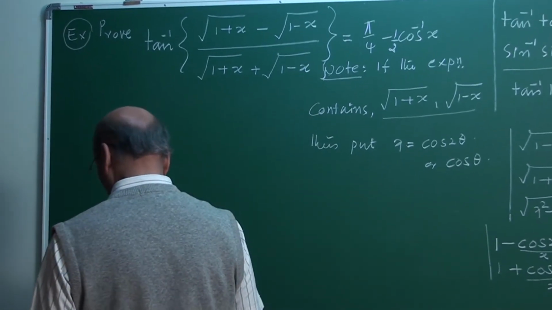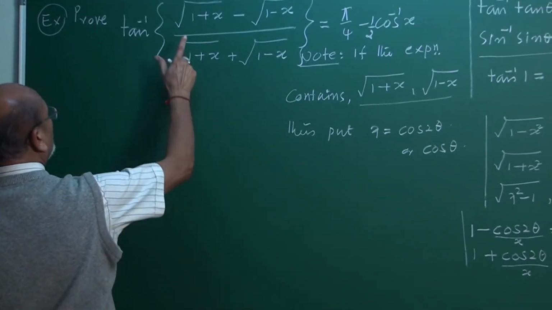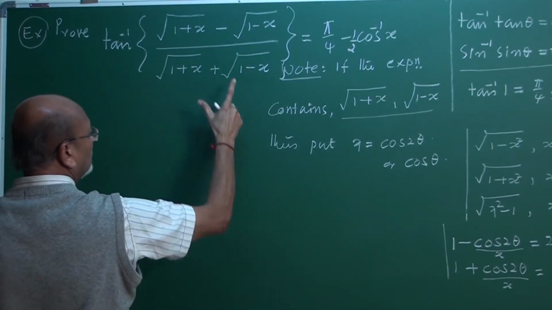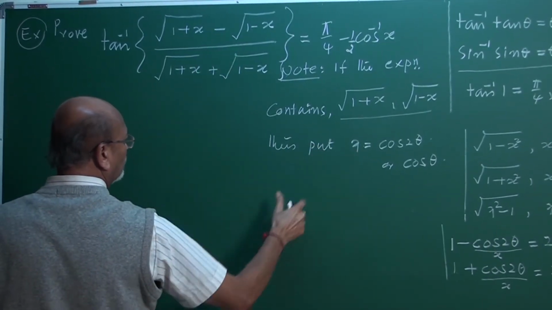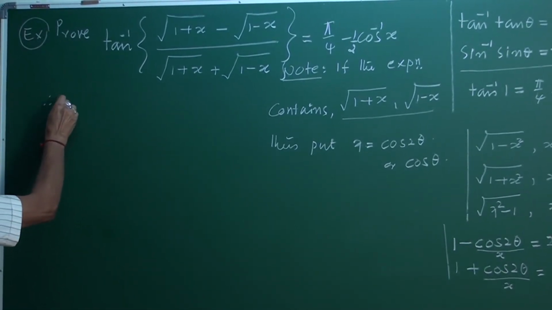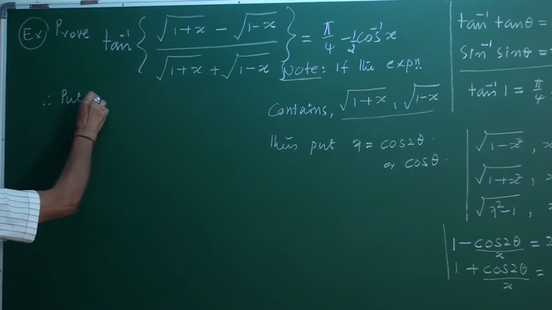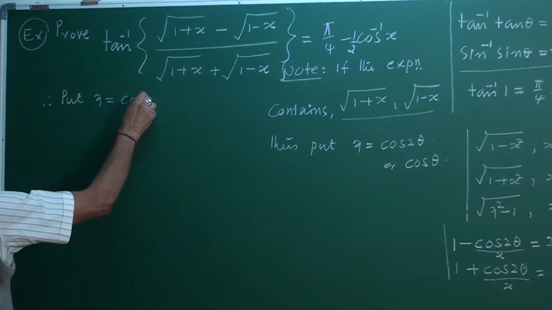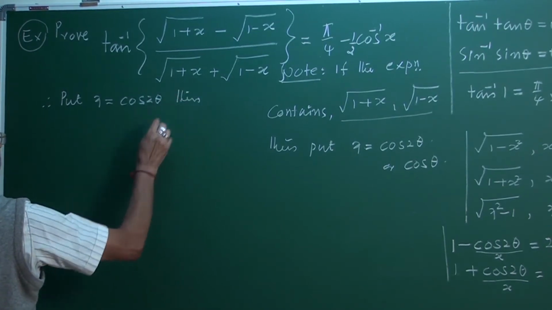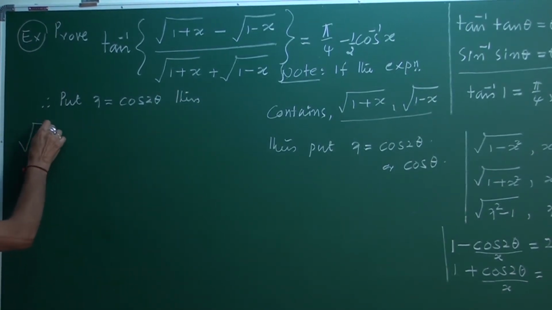Tell, my friends, what is this? It is the expression that contains root 1 plus x, root 1 minus x. Naturally, what is your x? Cos 2 theta. Yes, my friends. In this manner, you put x equal to cos 2 theta. Then find the value of root 1 plus x.